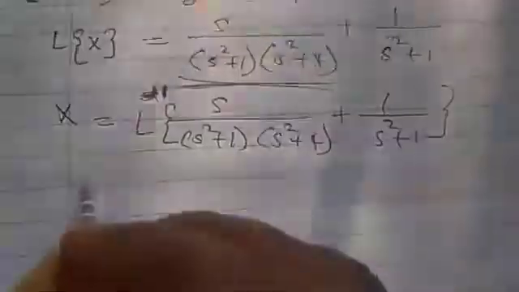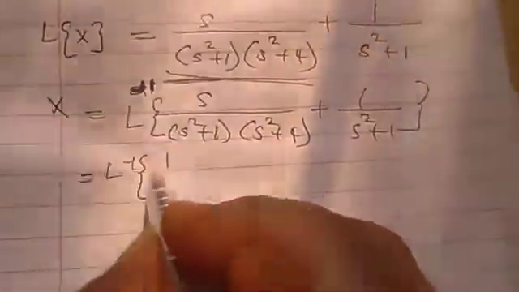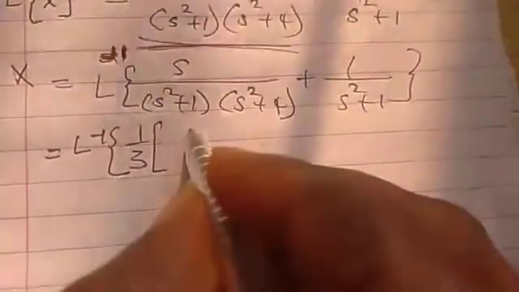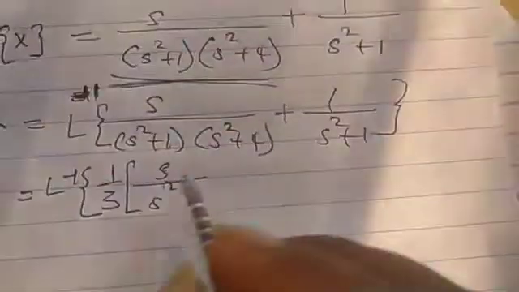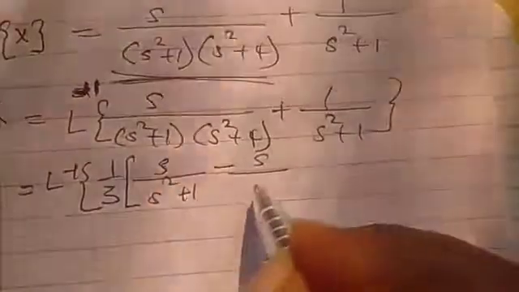When we apply partial fraction, I don't need to do that here. We are going to have, when we find the partial fraction, s over s squared plus 4, then this one is there, 1 over s squared plus 1.